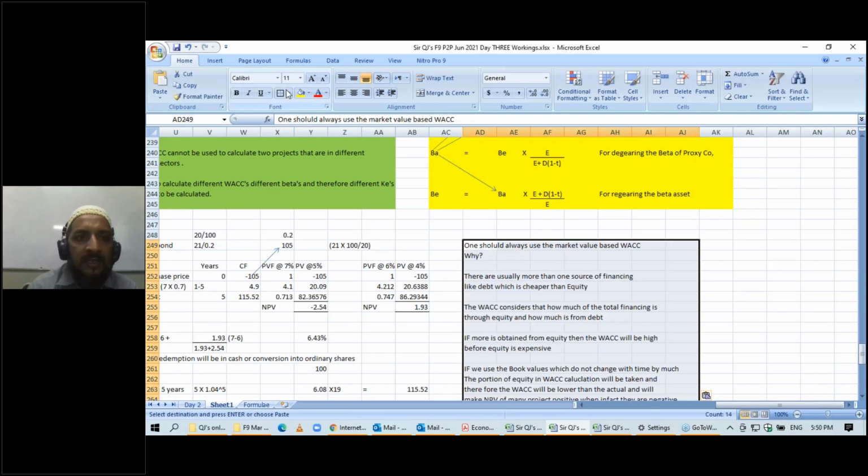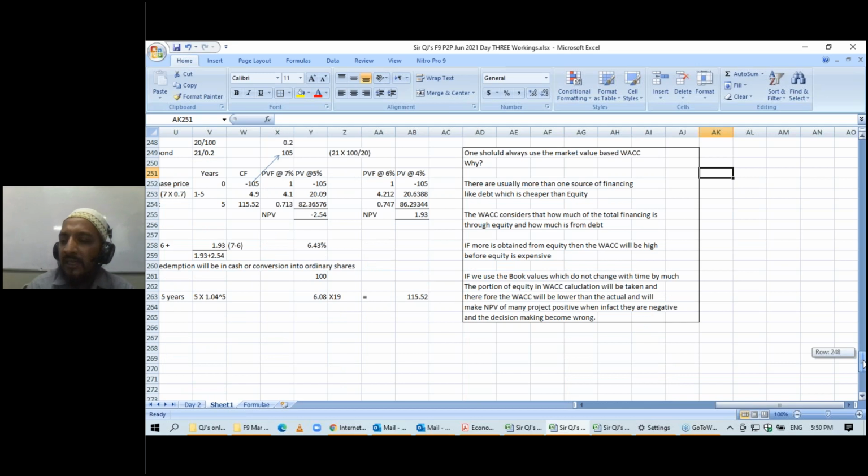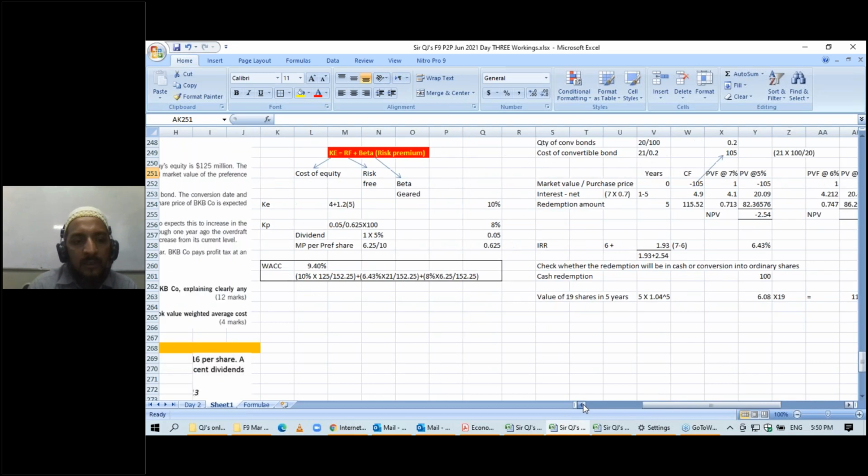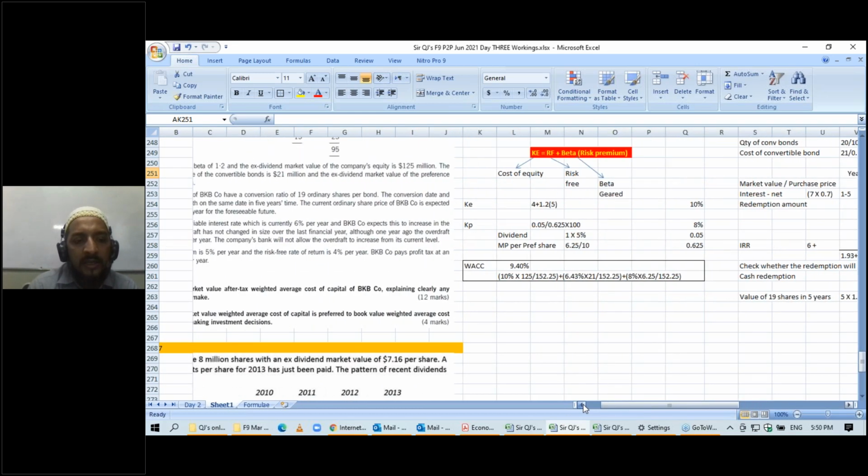The explanation which I gave right now regarding market values, I have posted over here. So when you get the sheet, you will find it. Okay, so now moving on to the next question, the card company.